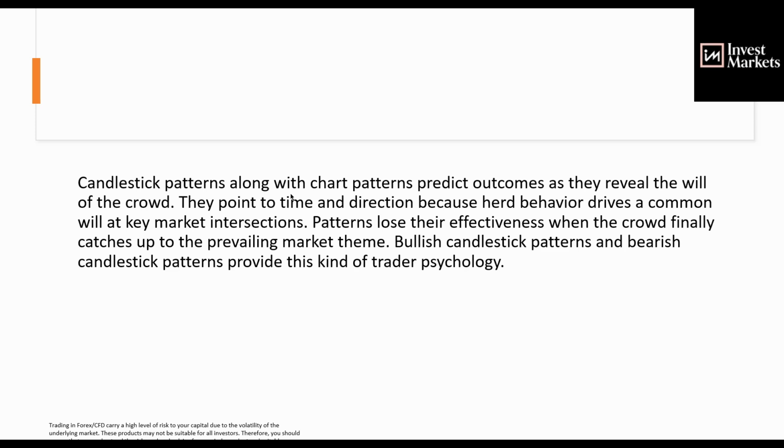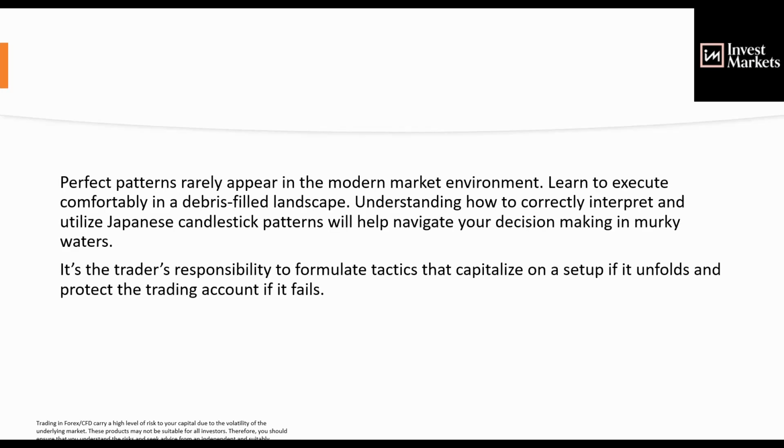Bullish and bearish candlestick patterns provide a kind of interpretation of trader psychology. Perfect patterns rarely appear in the modern market environment, so learn to execute comfortably in a debris-filled landscape. Understanding how to correctly interpret and utilize Japanese candlestick patterns will help navigate your decision-making in murky waters.